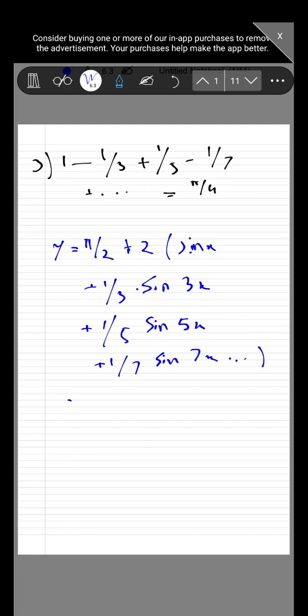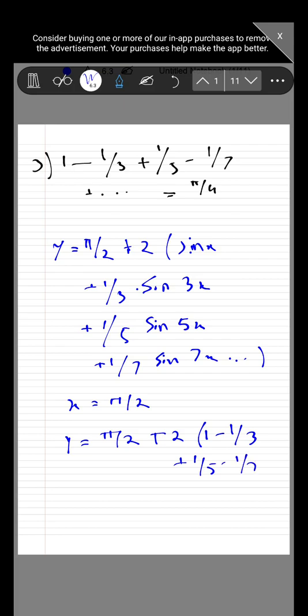So we put x is equal to pi by 2, then we can have pi is equal to pi by 2 plus 2 into 1 minus 1/3 plus 1/5 minus 1/7, so on and so forth.